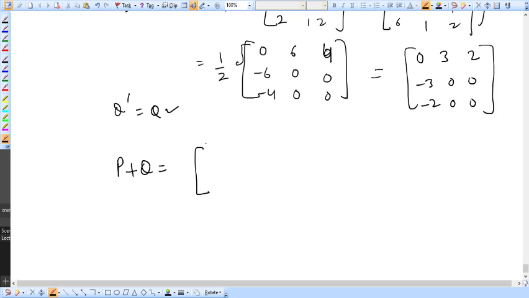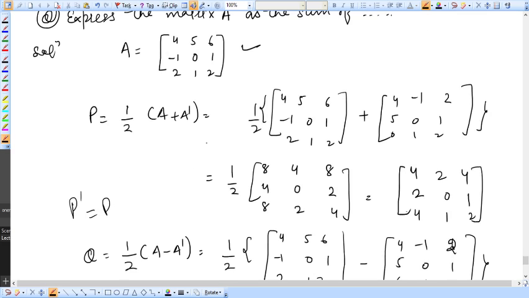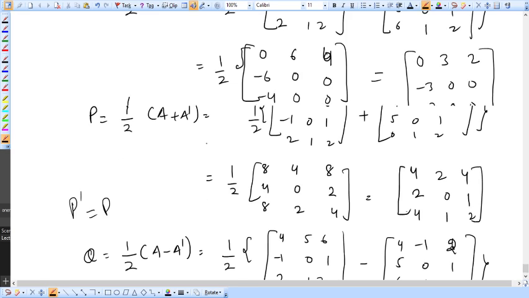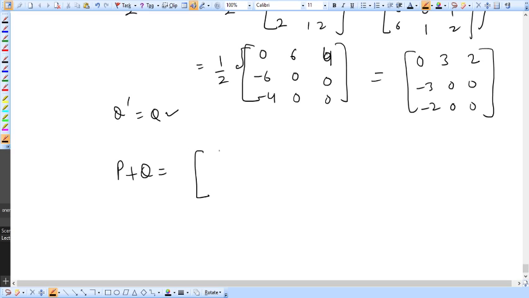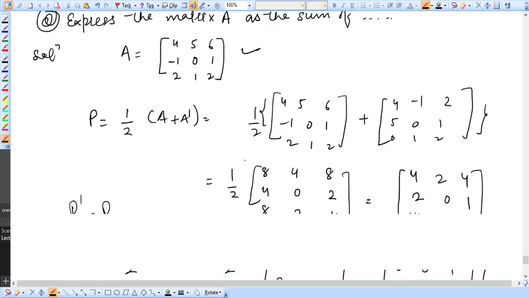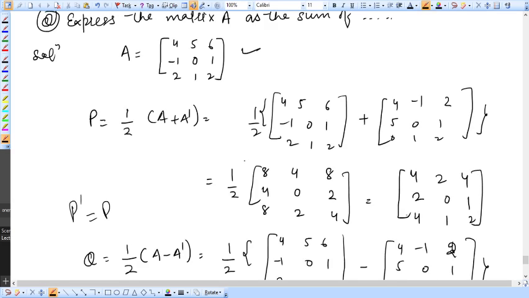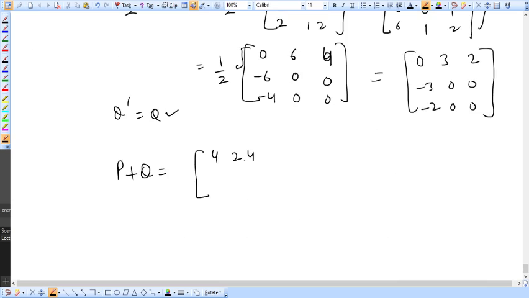What was P? See here, P is 4 2 4, 2 0 1, 4 1 2.